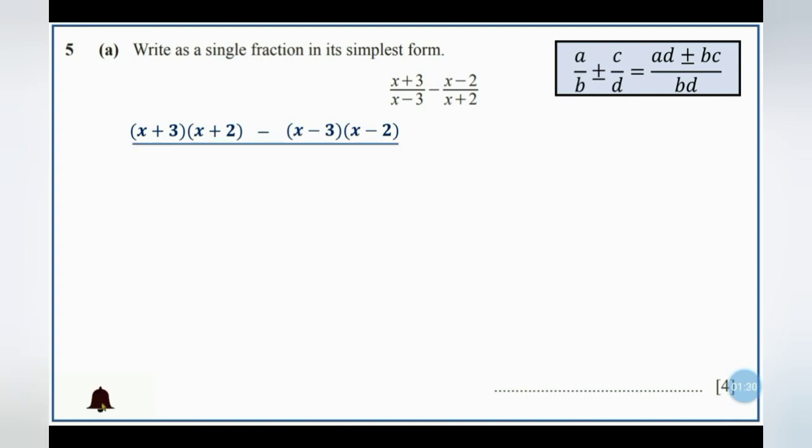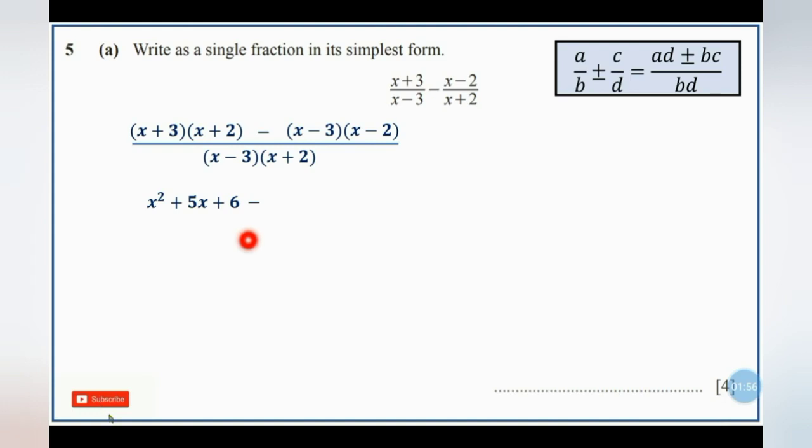And then I will divide by the product of the denominators, so x minus 3 times x plus 2. After that, I am going to expand the brackets. Expanding x plus 3 times x plus 2 will give me x squared plus 5x plus 6. Then I will subtract.